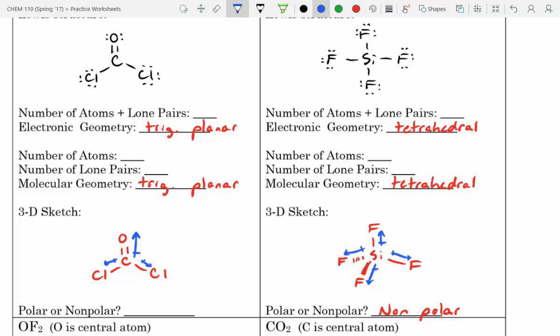Okay, so now do you think there's a net dipole? So imagine it this way. Oxygen's a good tug-of-war player. The two chlorines are a little bit weaker. Are they going to cancel each other out? I wouldn't say so. Maybe the two chlorines can balance each other out, pulling in the same direction. But overall, the oxygen's got a stronger pull, so it's going to pull the electron density more towards itself if you were to average all of these out.